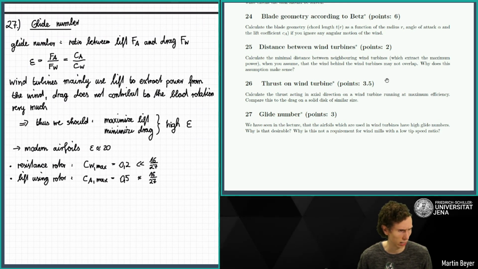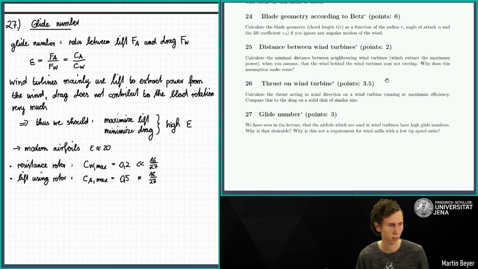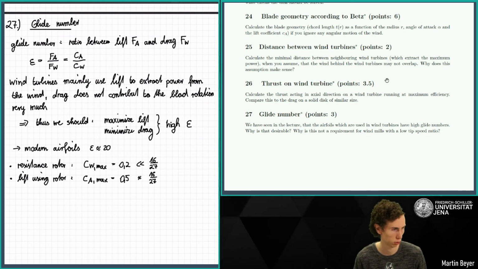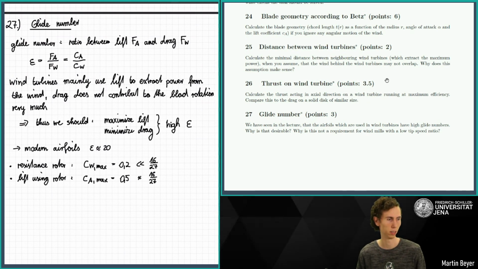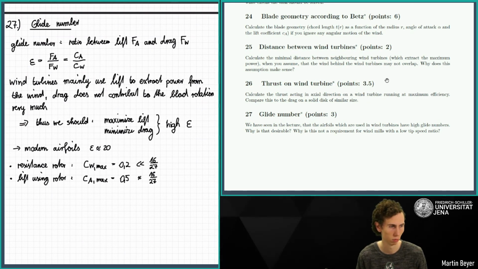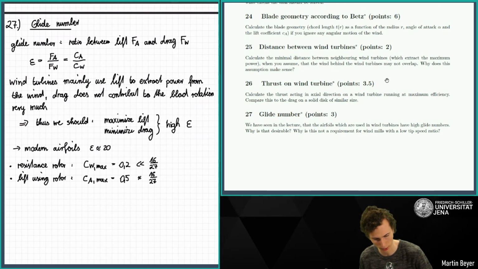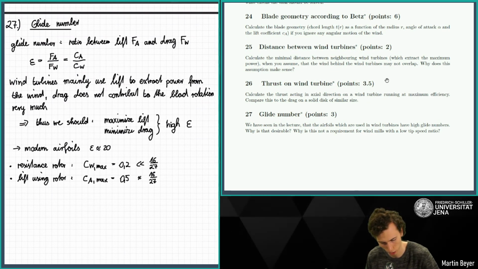Okay, and the last point that we want to discuss here is the tip speed ratio, and why a low tip speed ratio for small windmills is working well, and why we don't need high glide numbers for such wind turbines. So okay, let's first look at the tip speed ratio.